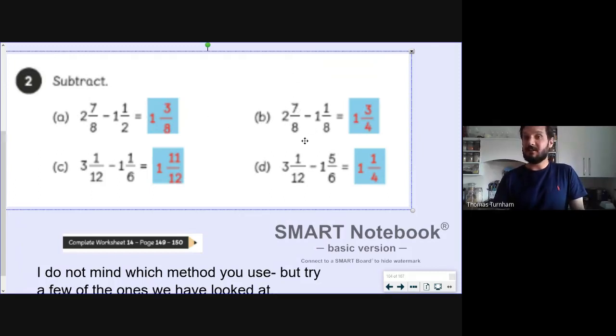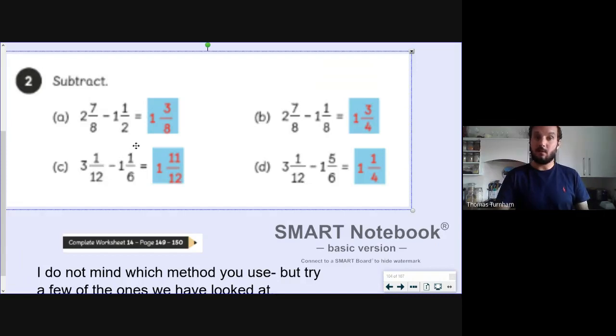B, 2 7/8. Take away 1 1/8. Lots of different methods you might have used here, but I suspect lots of you will have dealt with the fractions and then dealt with the whole numbers and seen that the answer to this is 1, and it would have been 6/8, which we can simplify down to 3/4. We've got 3 1/12.